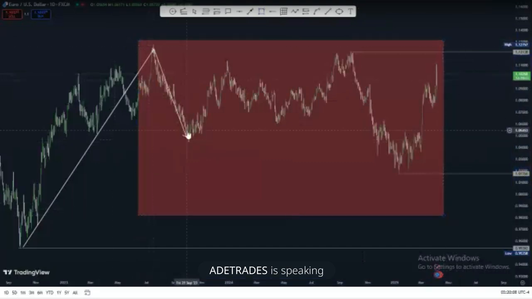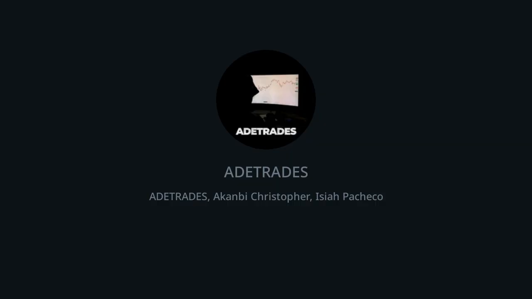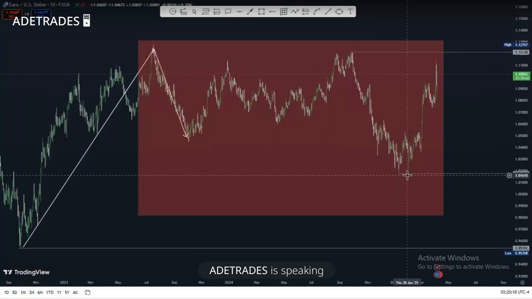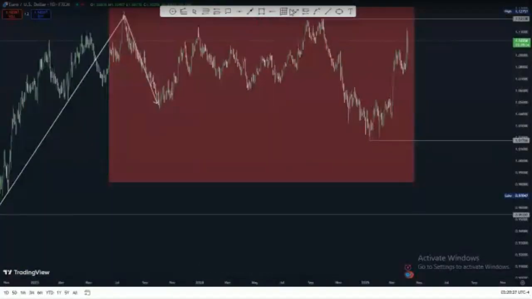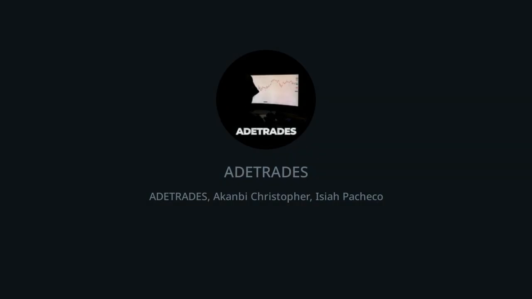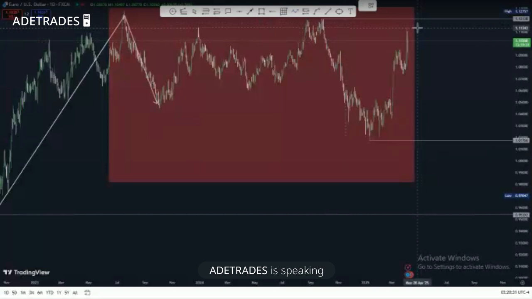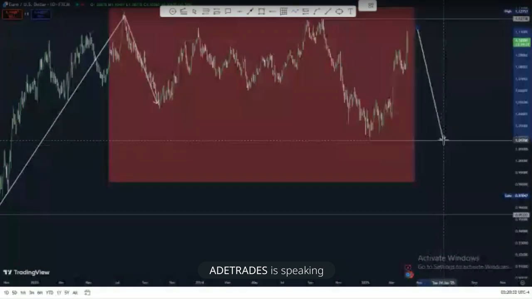We have a break of structure, not just one structure, then price came back for it. So I'll be looking to short Euro USD, something like this, shorting to this place or to this level.